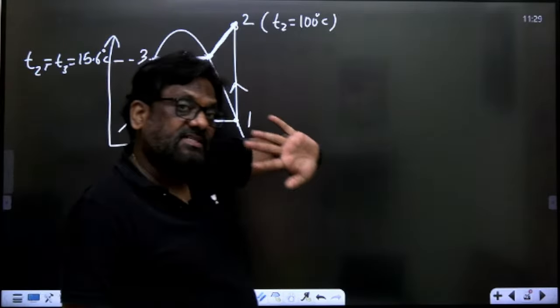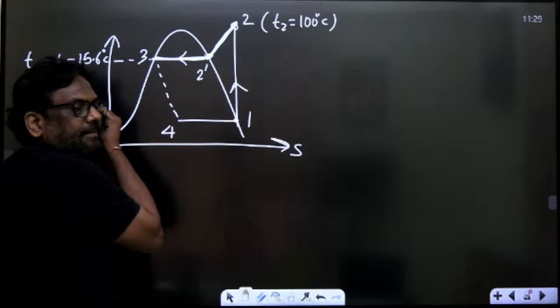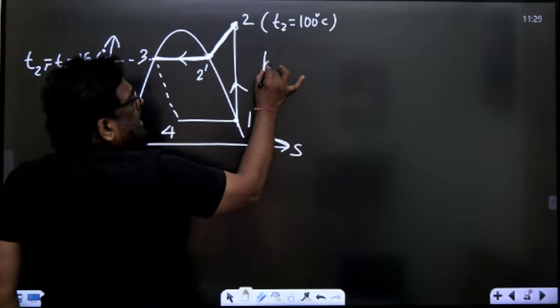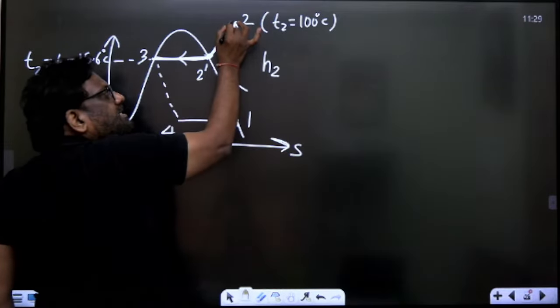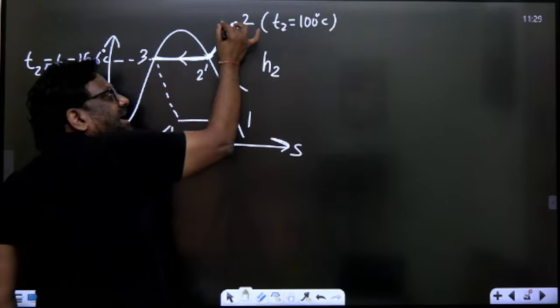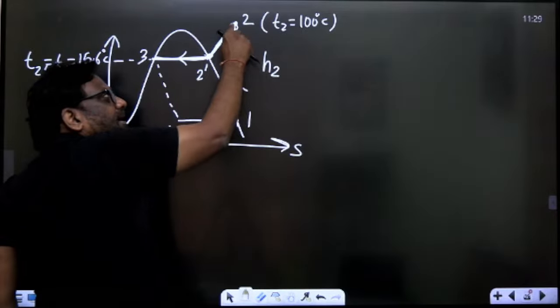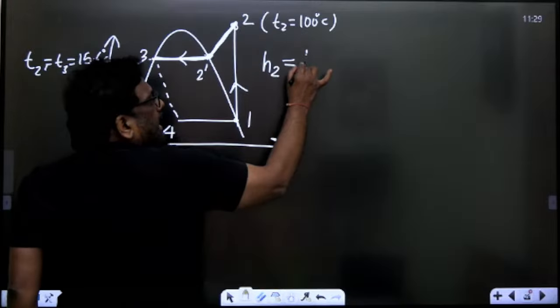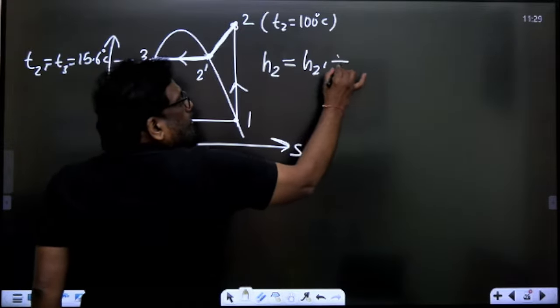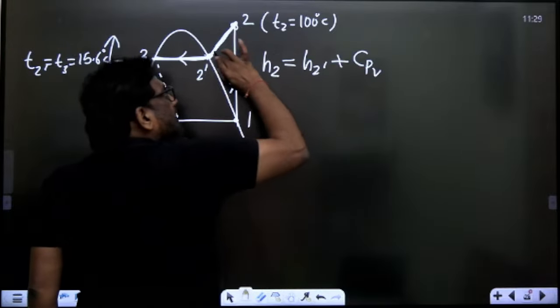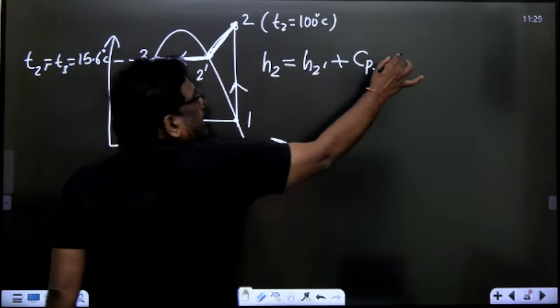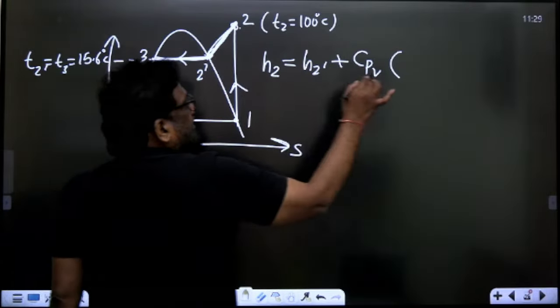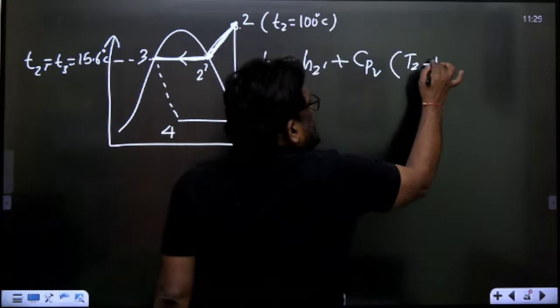So now tell me, sir, we studied, look, H2 can be written as... what is H2? It is a superheated enthalpy, enthalpy of superheated vapor, this is in the superheated region. H2 is equal to H2 dash plus Cp of vapor, the specific heat of this vapor, times the temperature difference, that is T2 minus T2 dash.